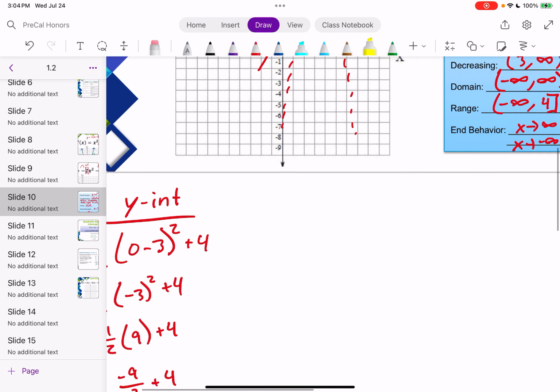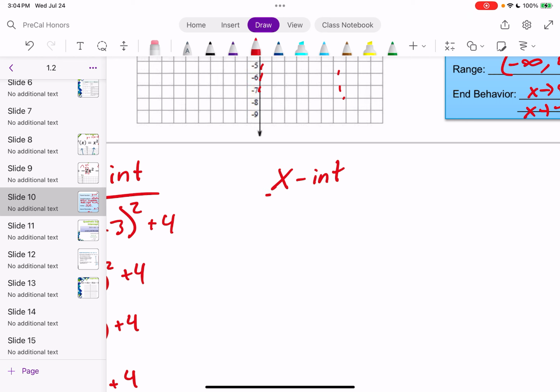Let's go ahead and take a look at our x-intercept. In that case, remember, that is where 0 is equal to negative 1/2 times (x minus 3) squared plus 4. And we're going to go ahead and solve for x. We're going to bring over the 4.